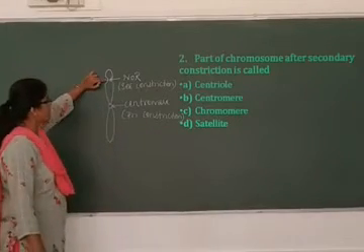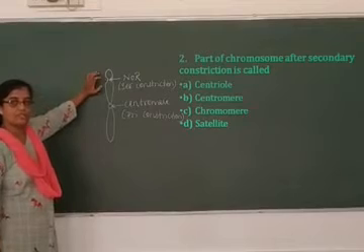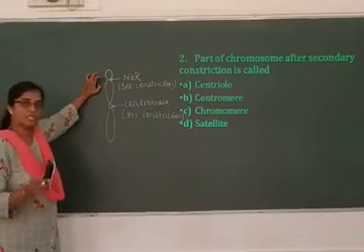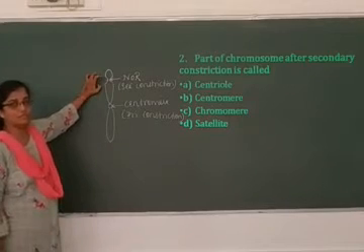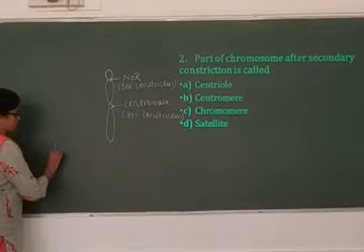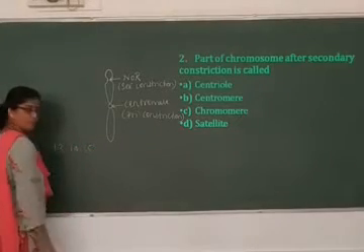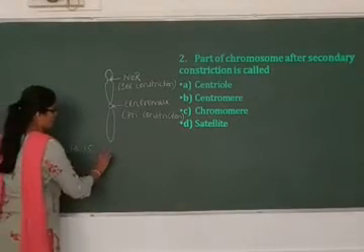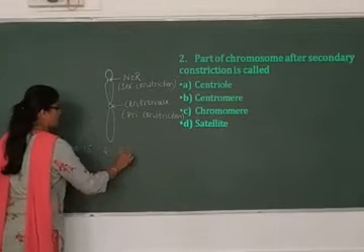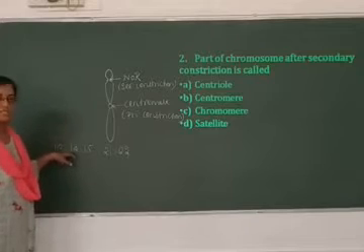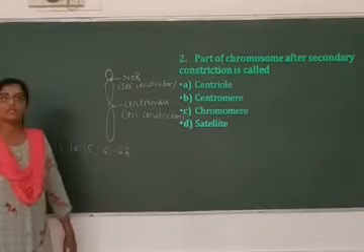The secondary constriction is present only in some chromosomes. If you consider human chromosomes, the secondary constriction is present in chromosome numbers 13, 14, 15, 21 and 22.